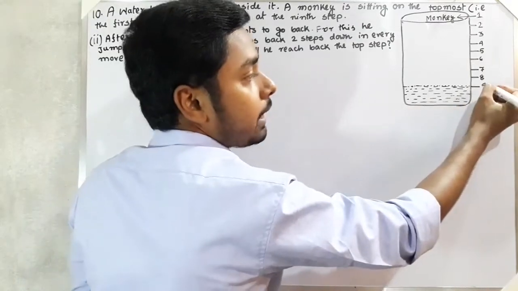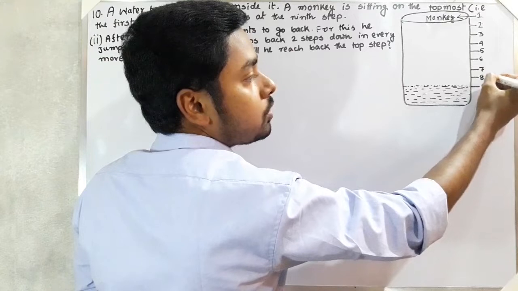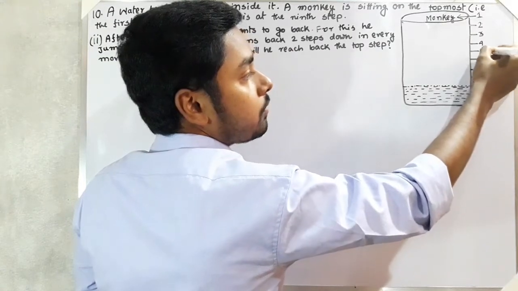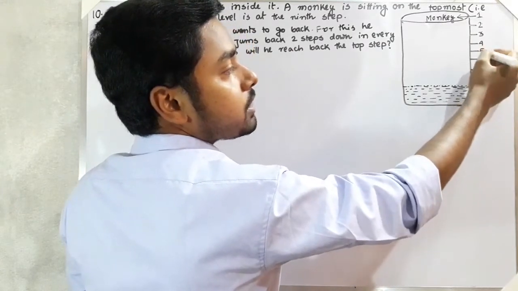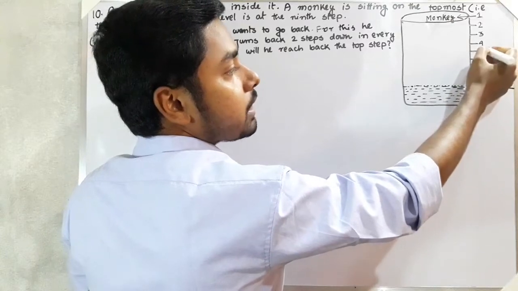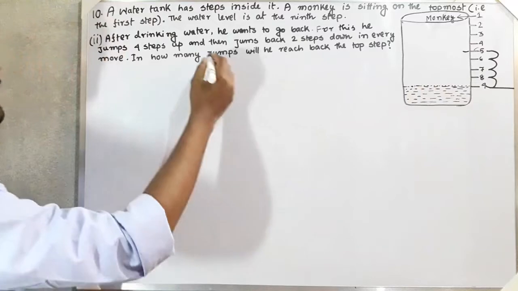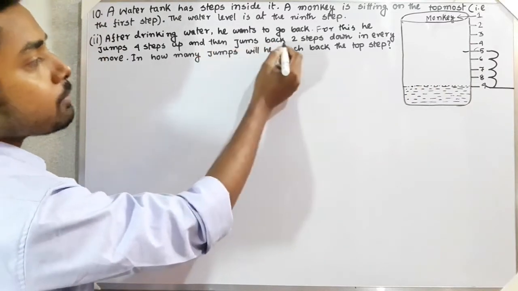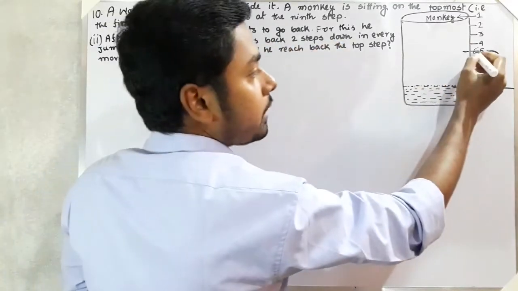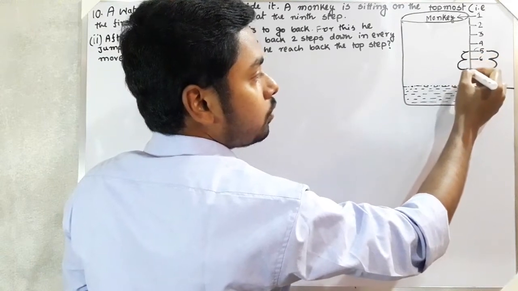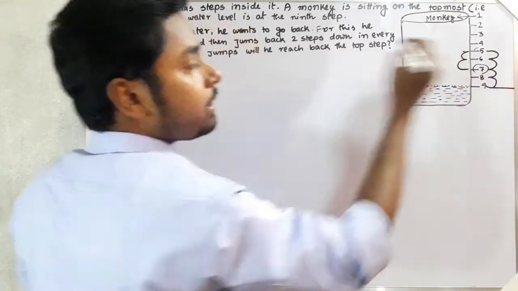So from 9, 4 steps up: 1, 2, 3, 4. After jumping the 4 steps, where will he be? He will be at 5, and then jumps back 2 steps down. 1, 2. That means the monkey is at 7.